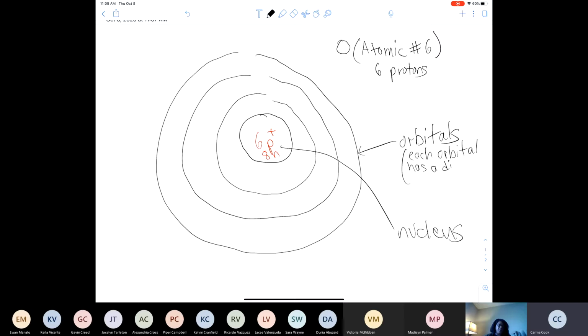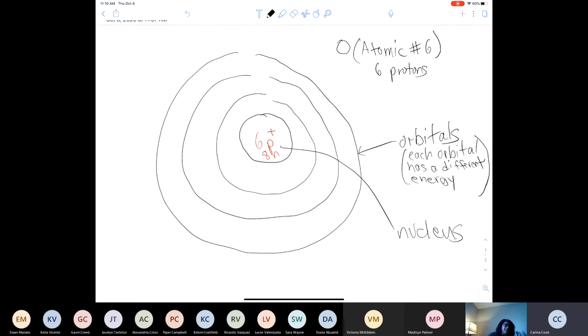And so with the electrons residing in these various orbitals, each of these orbitals has a different energy. And they have different energy because each of these orbitals is a certain distance away from the nucleus. The farther the orbital is away from the nucleus, the higher the energy.